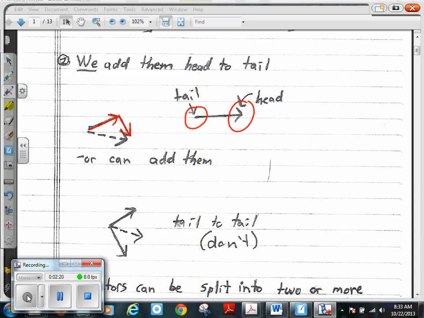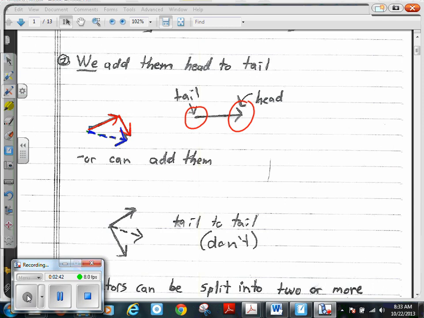Now, kids get mixed up because they think the resultant of the addition is also head to tail. But as you can see here, when you finally draw the resultant of the vectors you added, you don't do that head to tail.